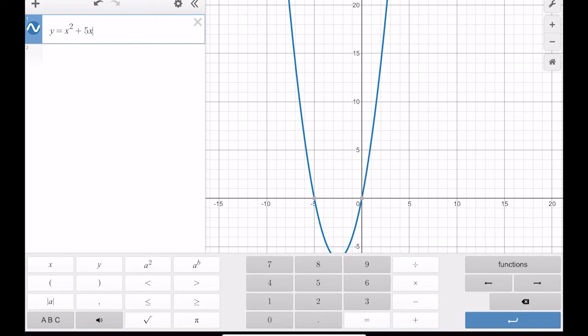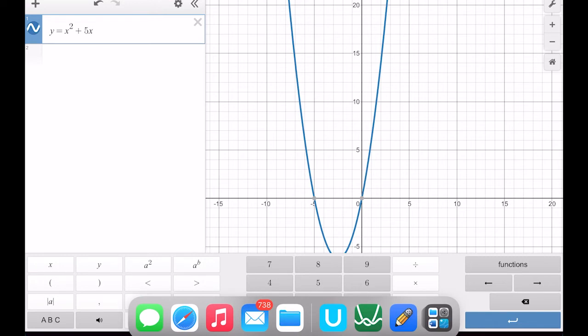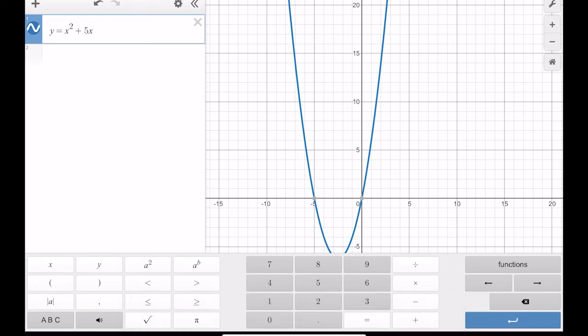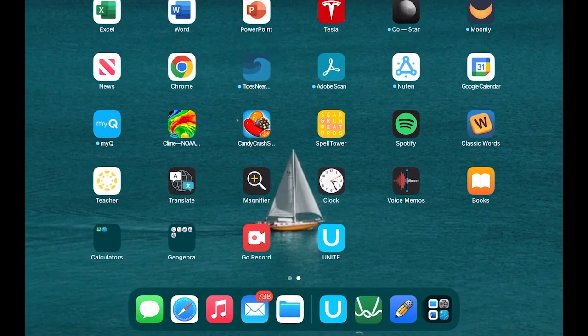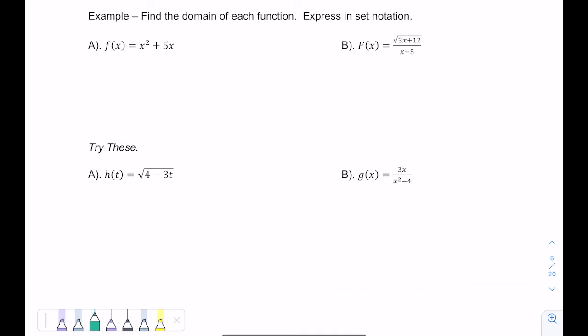And then also, there's no square roots. So my domain would just be all real numbers. I can plug in any number I want for x, square it, and add 5 times that number, and I'm always going to get a y value. So here, my domain is all real numbers.